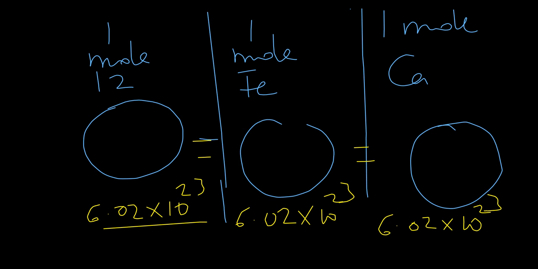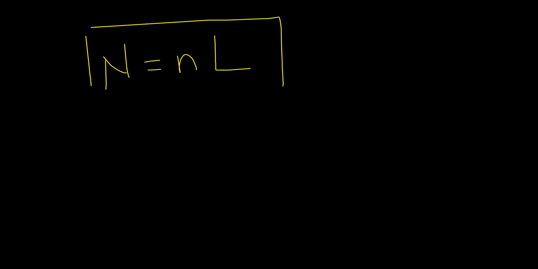Now, let's see if we can come up with the formula to illustrate whatever we've learned. So for every substance, if you want to determine the number of particles in it, let's represent it by N. For you to get the number of particles in this substance, it's always equal to the number of moles, which I'll represent by small n, times the Avogadro's number. This formula is very important.